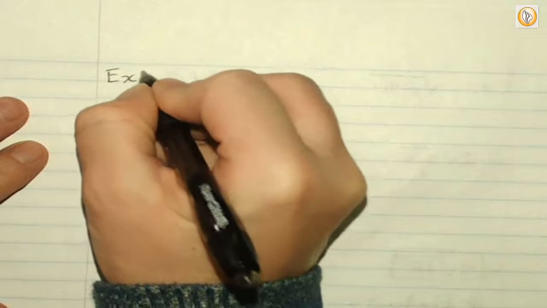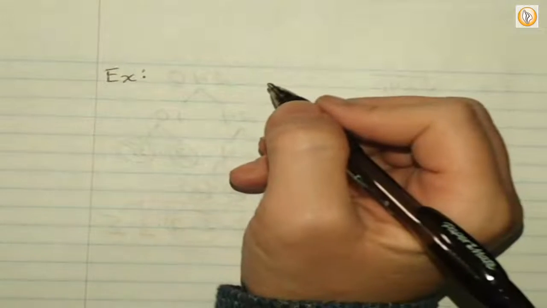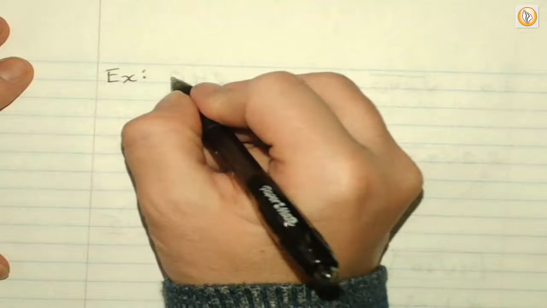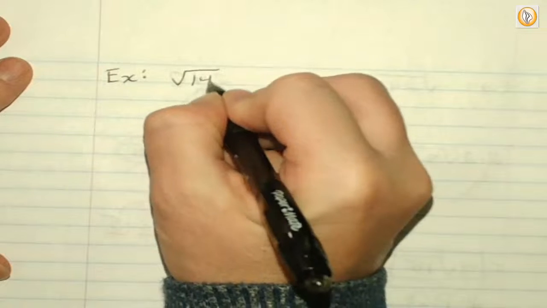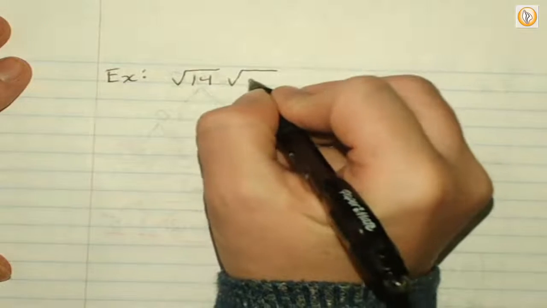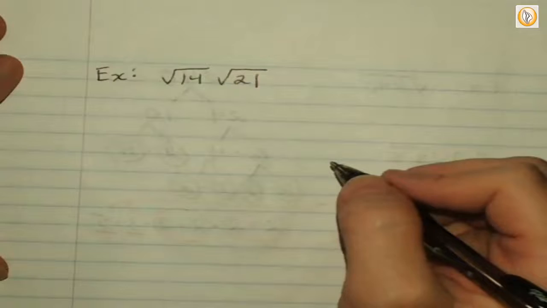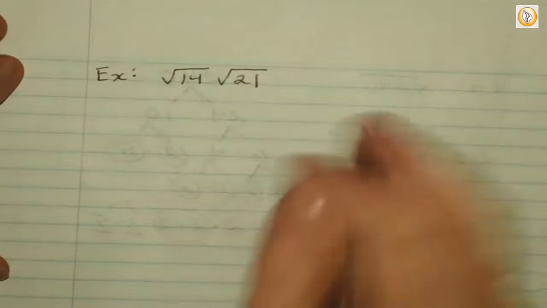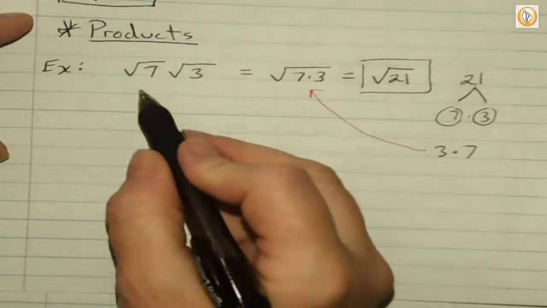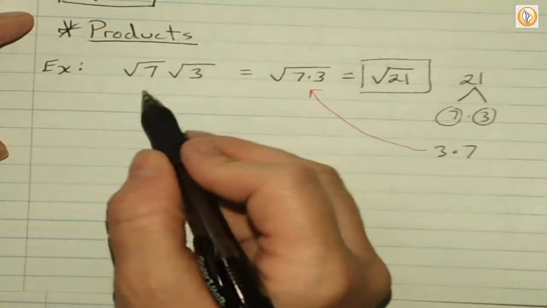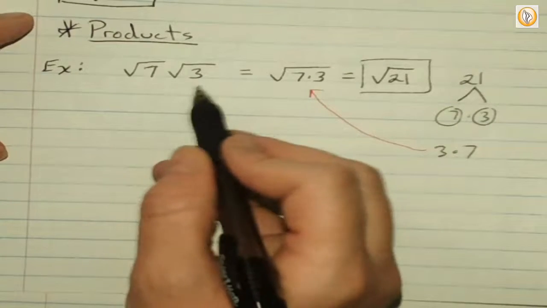Yes. All right, let's do another one. This one's a little different. Let's say I have the square root of 14 times the square root of 21. All right, first of all, if you look back, these are prime numbers, right?